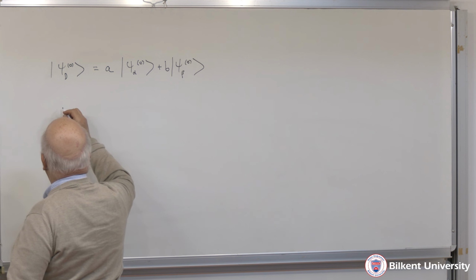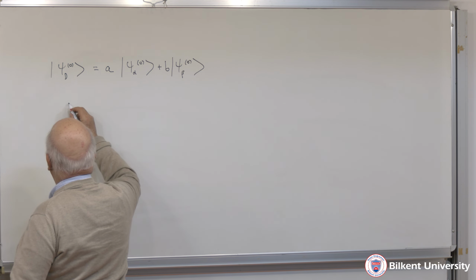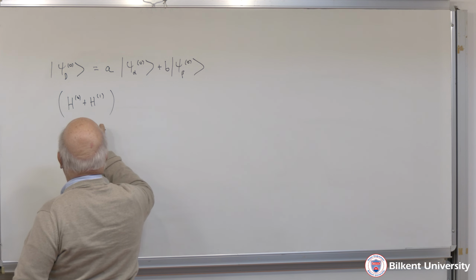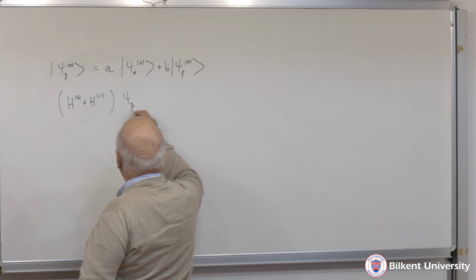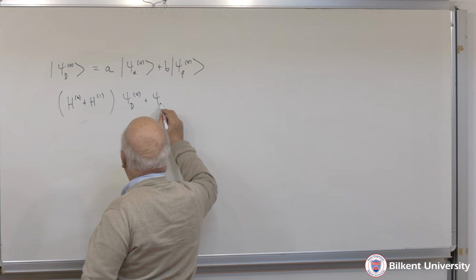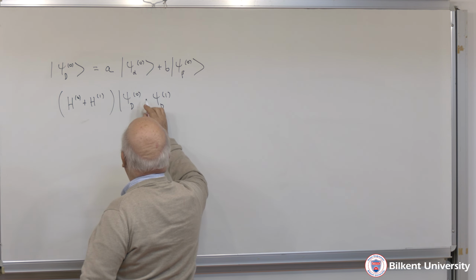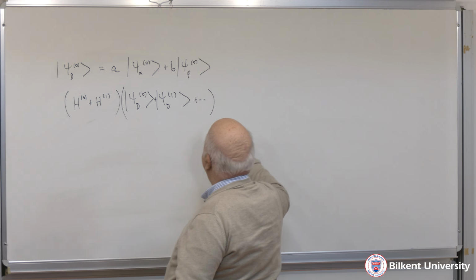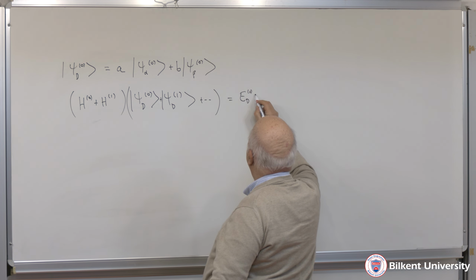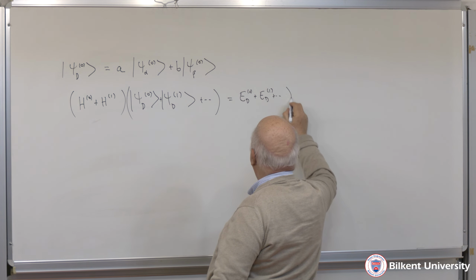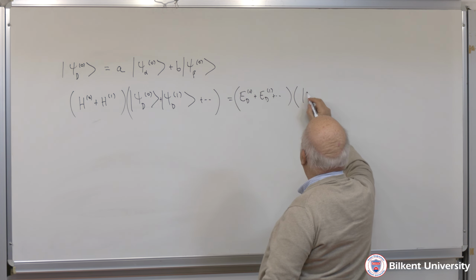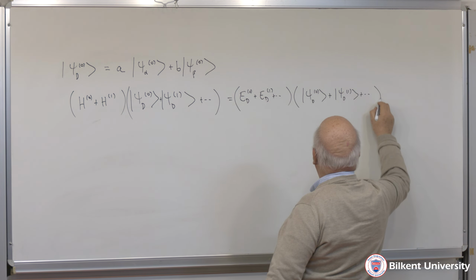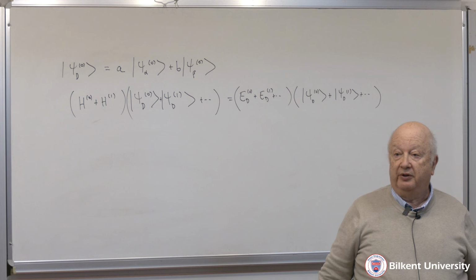Now, what I'm going to do is just write down this equation: H0 plus H1 operating on psi d0 plus psi d1 in general, plus higher order terms, is equal to E_d0 plus E_d1 plus higher order terms, again times psi d0 plus psi d1 and so on. So that's our equation that we need to solve.